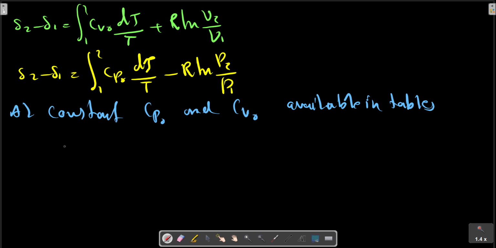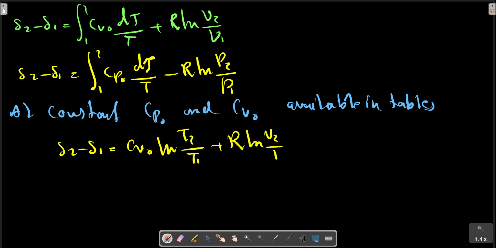We can write this relation: Cv0 for constant dT over T is ln T2 over T1, and for the second one we have also the same relation as this expression.